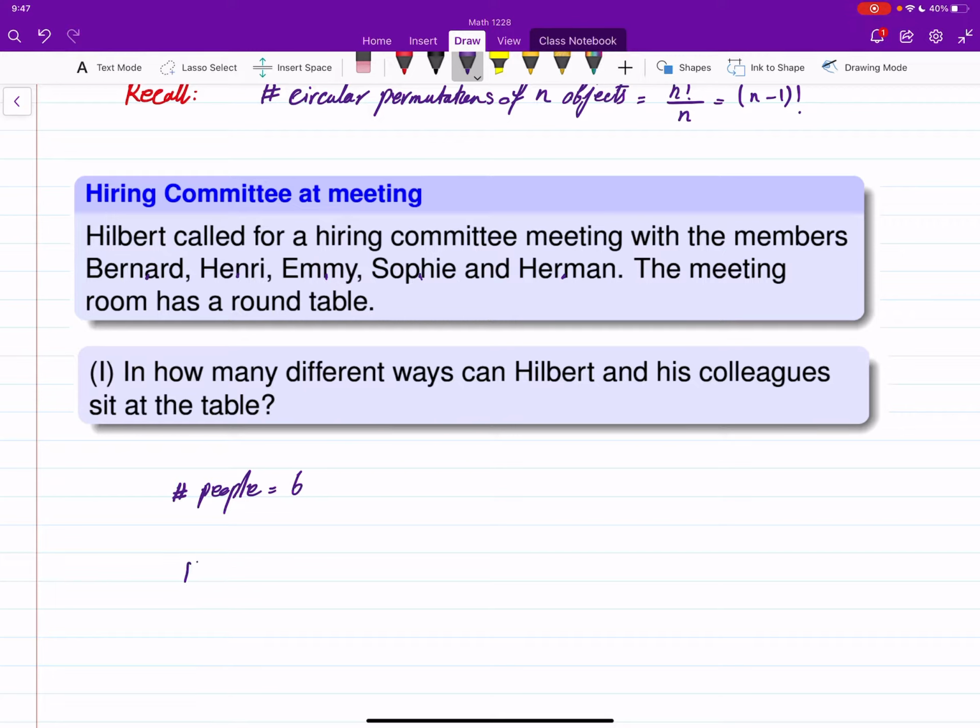Now, the number of circular permutations, which is the number of ways they can sit at the round table, is (6 minus 1) factorial, which is just 5 factorial.